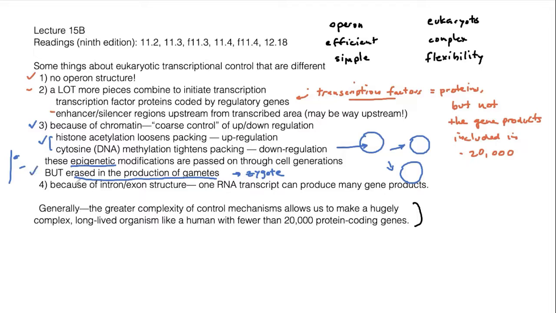So done. The last thing we want to get back to is that a couple of lectures ago, we talked about the RNA structure of eukaryotes. It's another difference between eukaryotes and prokaryotes, in that eukaryotes have introns and exons. There's this interrupted structure. We have exons that are actually coding for something.